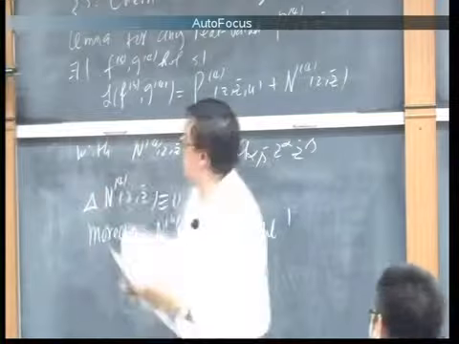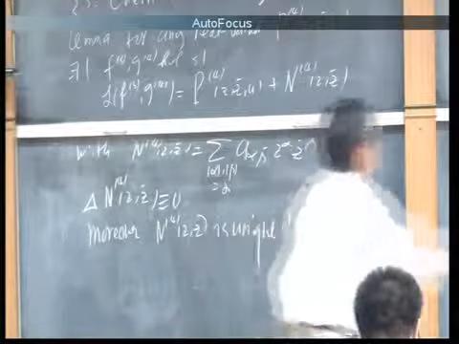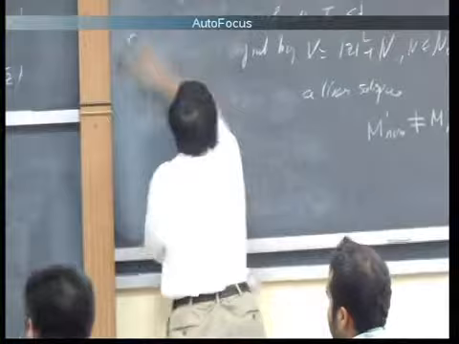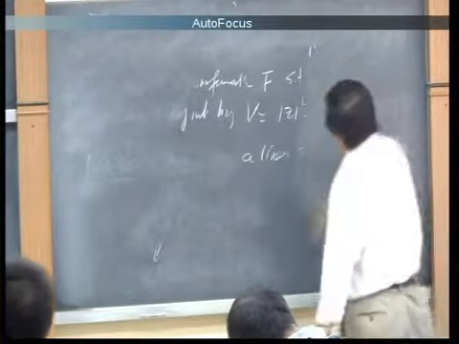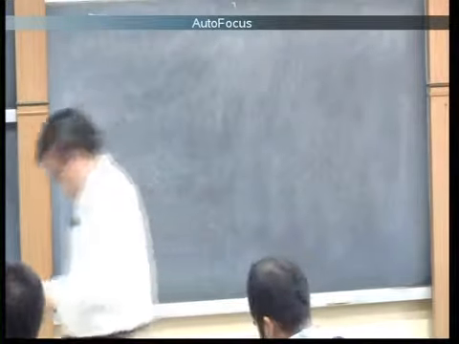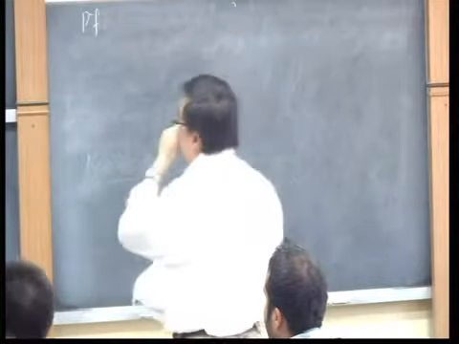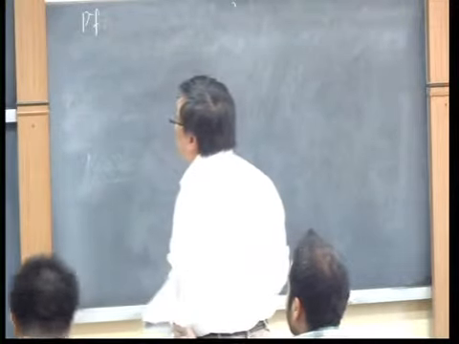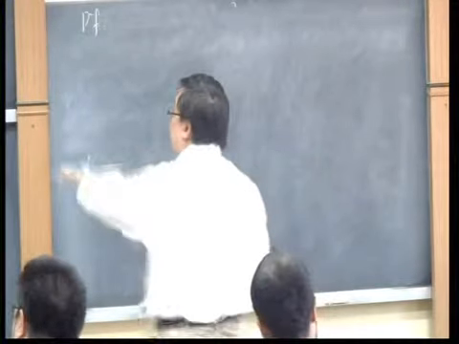Let me see how much time. The proof is just one page. So let's give a proof. This is contained in the Chern-Moser normal form, but anyhow, I did not prove anything there, so let's prove that.